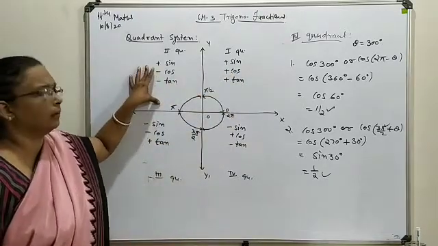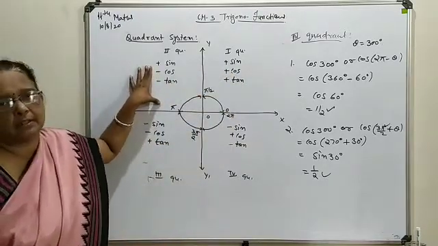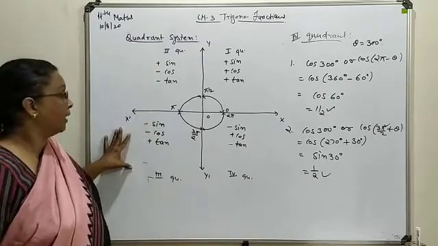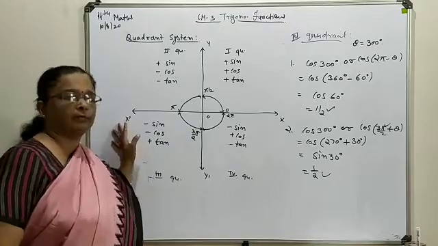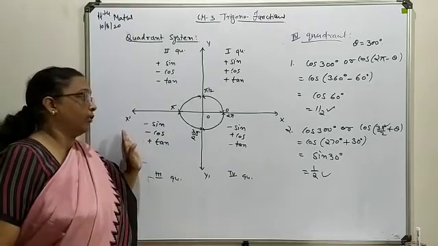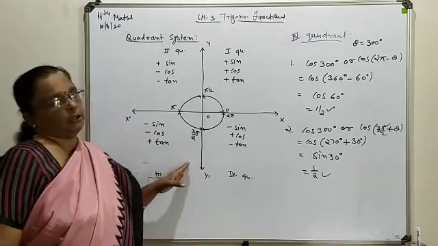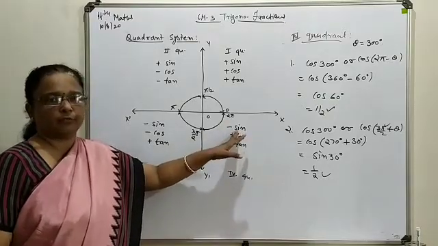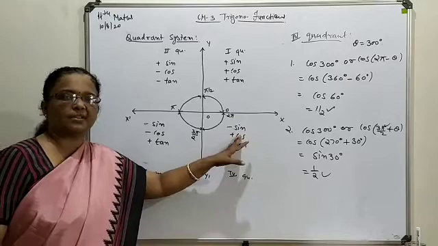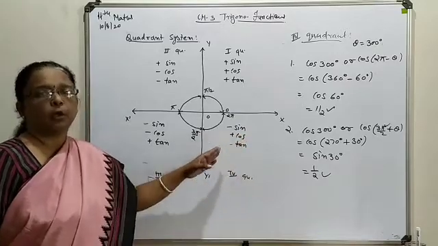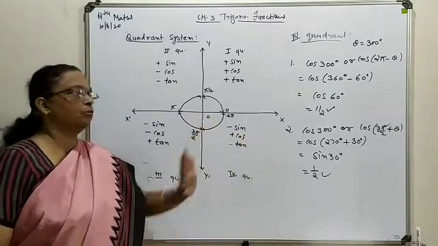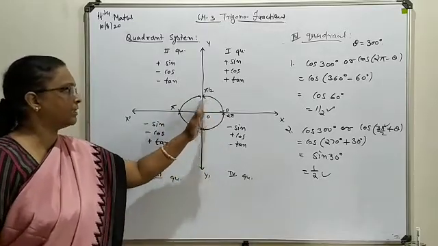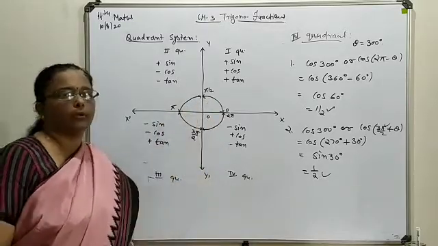In the second quadrant, from 90 to 180 or pi by 2 to pi. In the third quadrant, from 180 to 270 or pi to 3 pi by 2. And in the last quadrant, the fourth, from 270 to 360 or 3 pi by 2 to 2 pi.